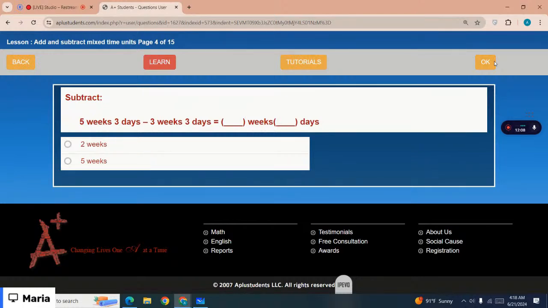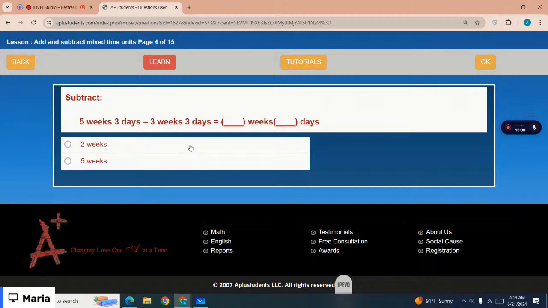5 weeks, 3 days minus 3 weeks, 3 days, which is the correct option? That is 2 weeks.